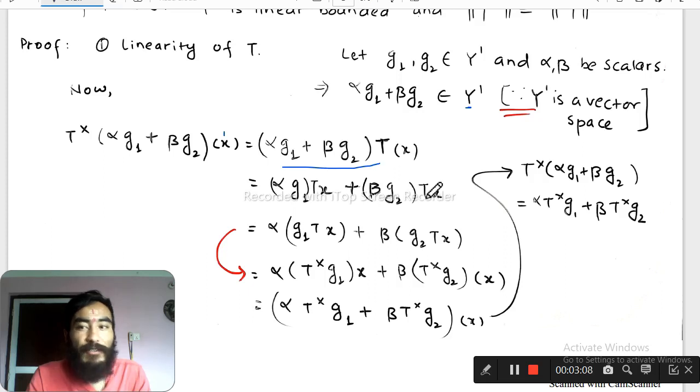Then again, we apply the associative law and we get this step with alpha and beta. Finally, we use the definition of T star and we get T star of alpha G1 plus beta G2 equals alpha T star G1 plus beta T star G2. This shows the linearity of T star.